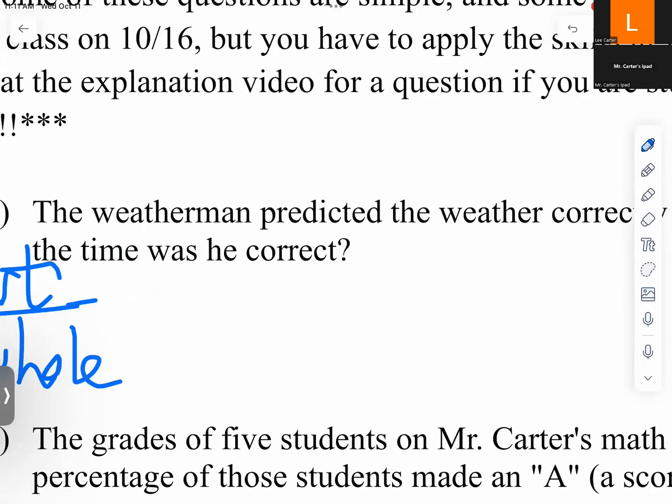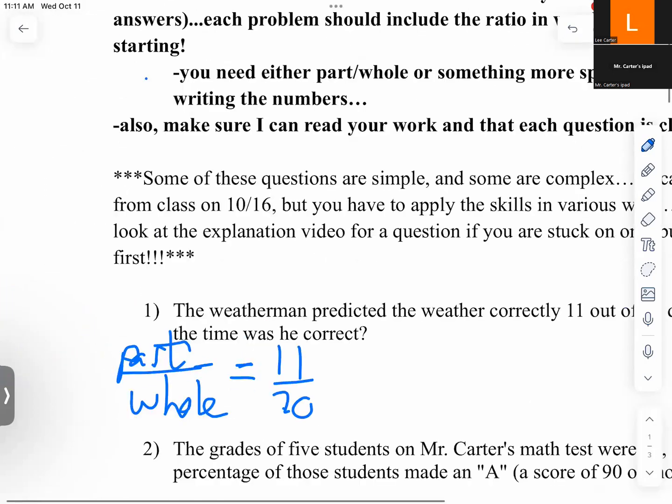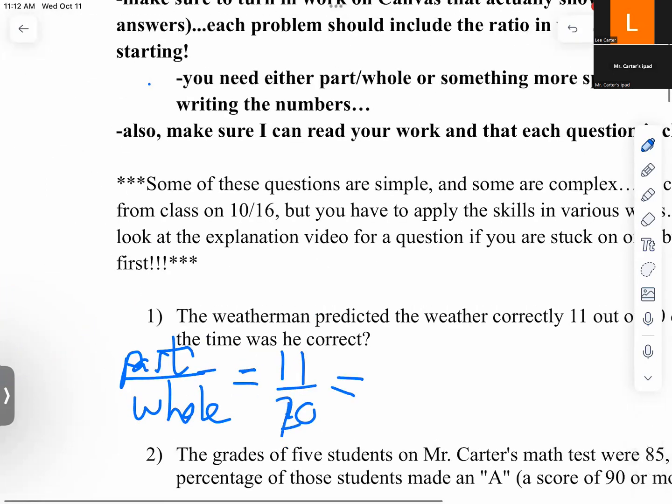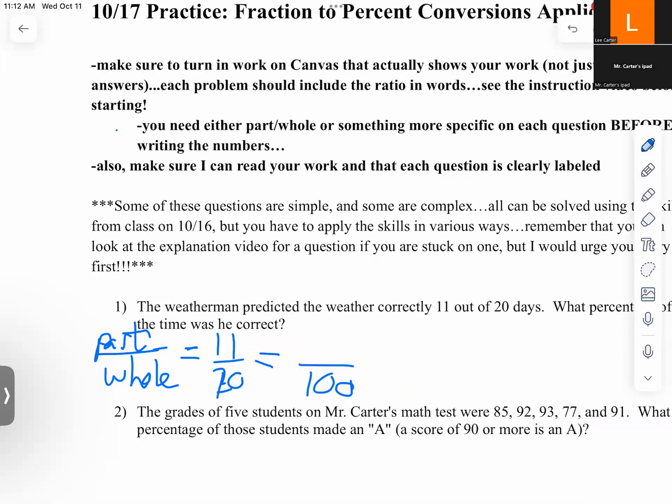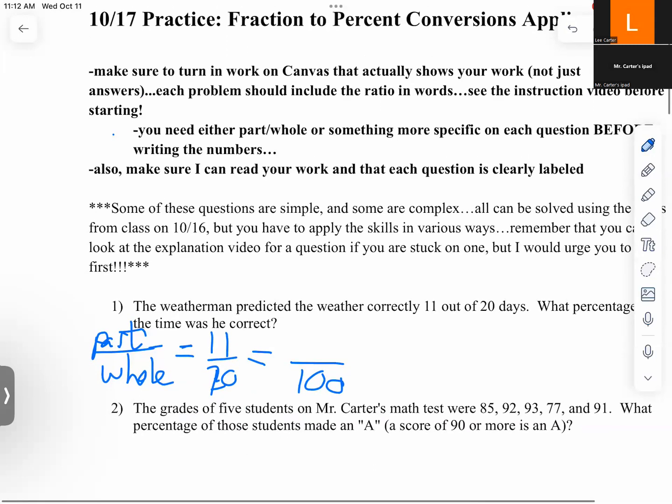However, you also could write 11 out of 20 and then make it a percent, and the percent is going to be whatever out of 100. You show what you multiplied by, and the answer on the top right there is going to be the percent.